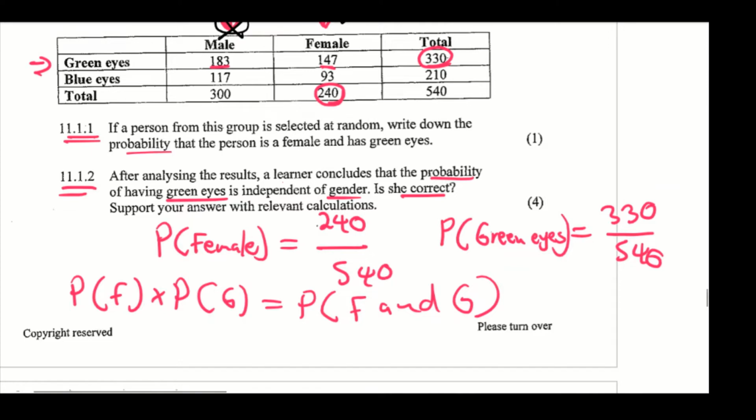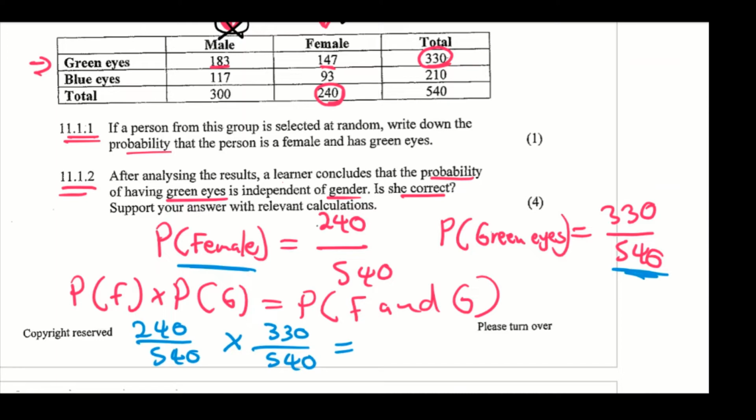We just found the probability of females, so I'm going to write it here. It's 240 divided by 540, multiplied by the probability of green eyes. We found it also to be 330 divided by 540.